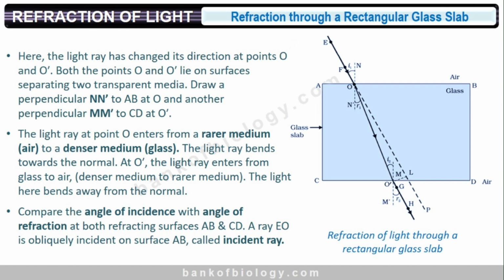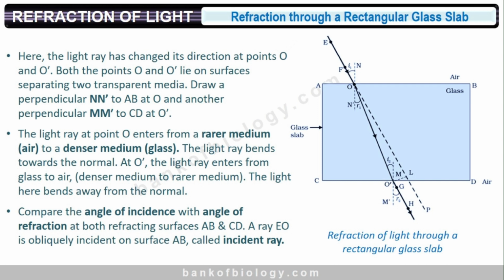Here, the light ray has changed its direction at O and O dash. Both the points O and O dash lie on a surface separating two transparent media. Draw a perpendicular N N dash to AB at O and another perpendicular M M dash to CD at O dash.